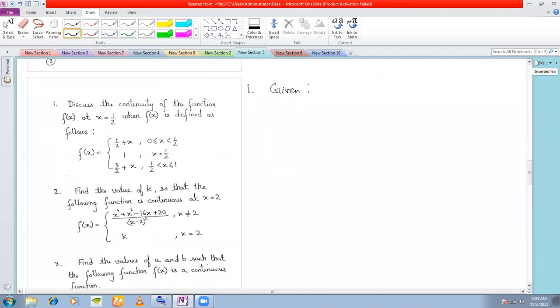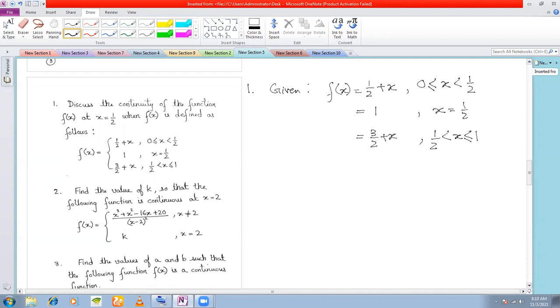What is the definition of f(x) given? f(x) = 1/2 + x, and this is for x = 1/2, and 3/2 + x for x lying between 1/2 and 1.